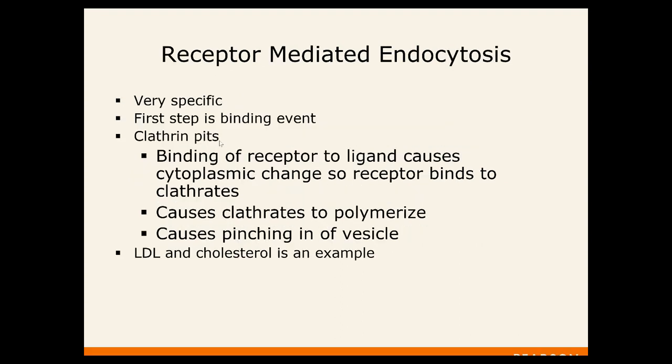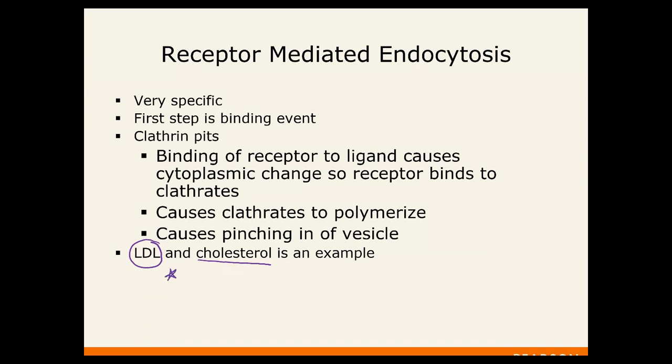Okay. Another way that molecules move into a cell is through what's called receptor-mediated endocytosis. A great example of this will be LDL, which I know you've heard of with respect to cholesterol. We'll come back to this in a later discussion.